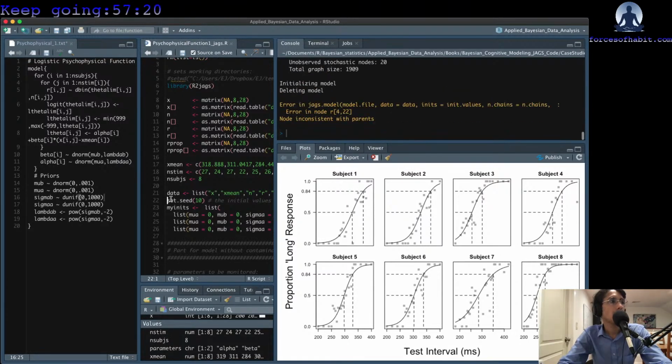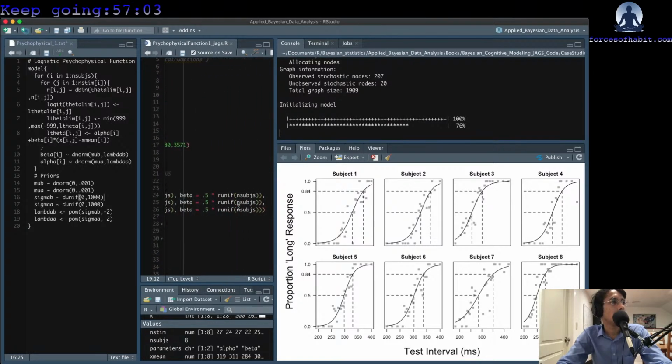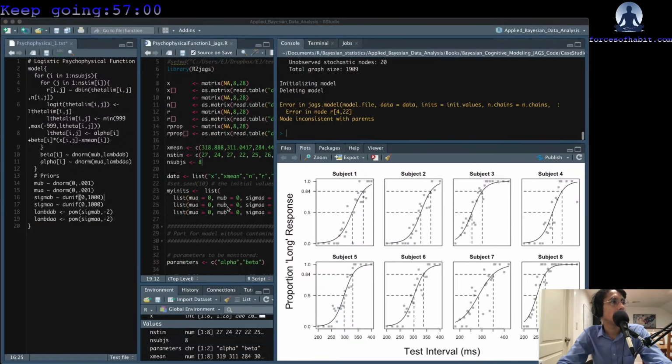Or setting the seed made the nodes inconsistent. I see. So it's something in the initializations.